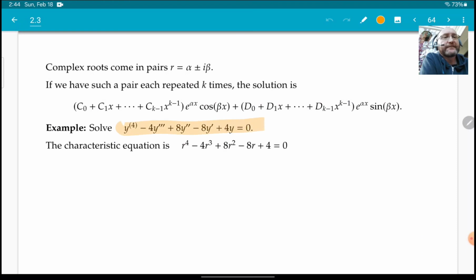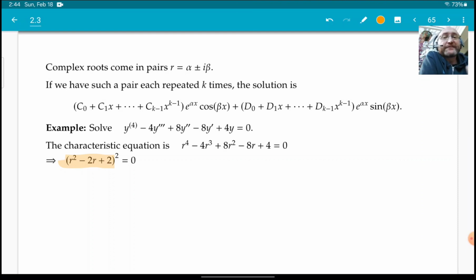So suppose I have this guy over here. The characteristic equation is this guy over here. And again, it's by inspection: I notice that I can factor it. Now, I'm not saying this is easy, but that's what it is.